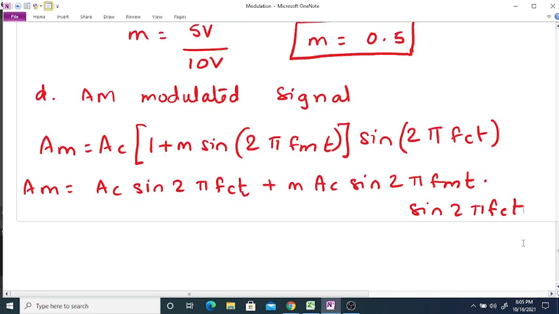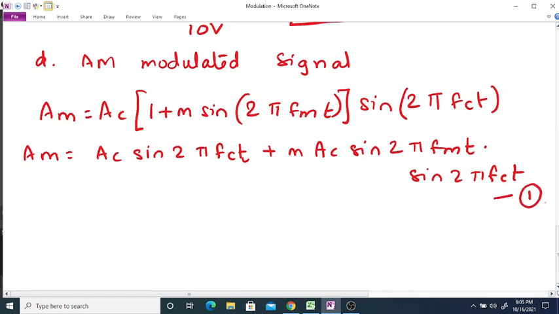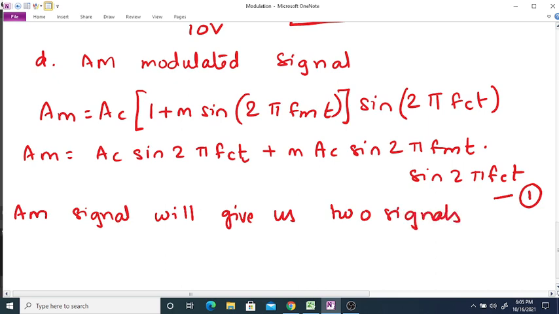So, if you open the bracket we will get this expression, we will call it 1. Now, next the AM signal will give us two signals as follows.